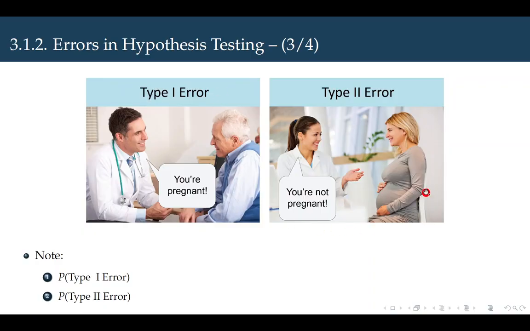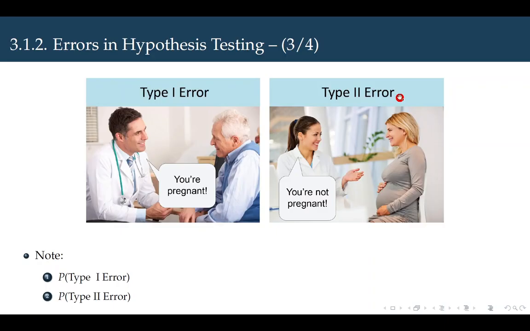On the other hand, here the null hypothesis again states there is no pregnancy. So for this woman, the null hypothesis may not be true. But the doctor says you are not pregnant. That means the doctor fails to reject the null hypothesis, which is actually false for this woman. So this error is called type 2 error.